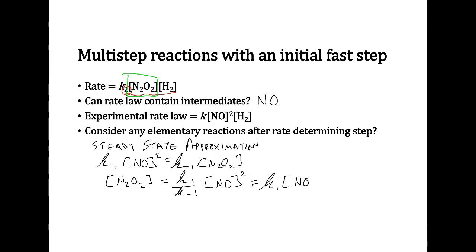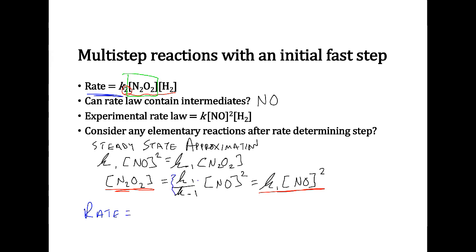So we can write this expression here. Now we have the concentration of N2O2 is equal to a rate constant times NO squared. We can plug that into our initial rate up here. So now, plugging into this expression right up here, we'll have rate, and we'll keep using both of these rate constants here.